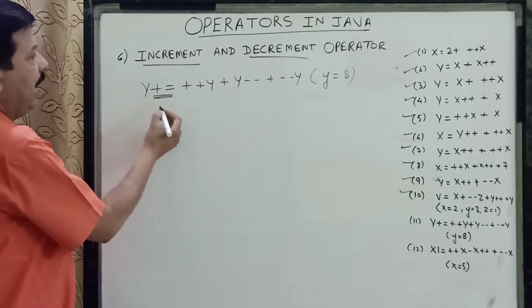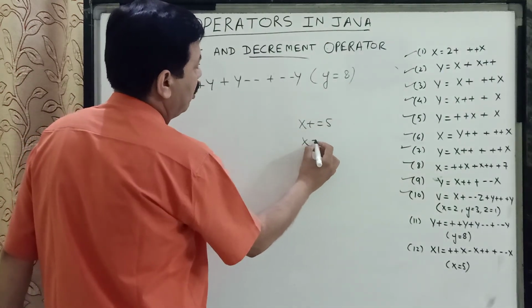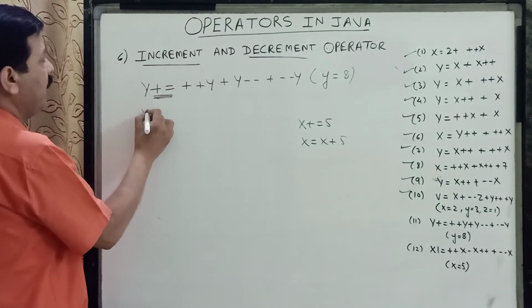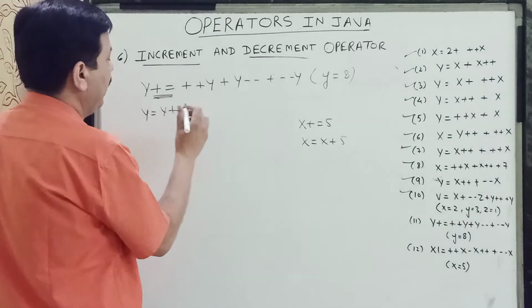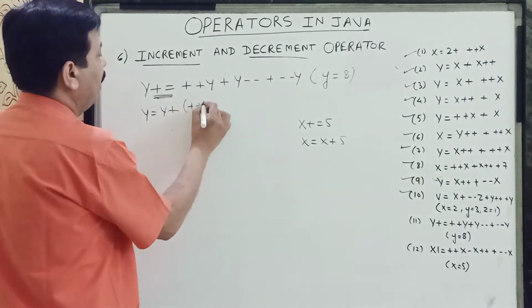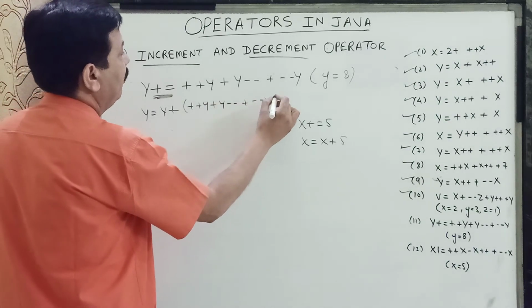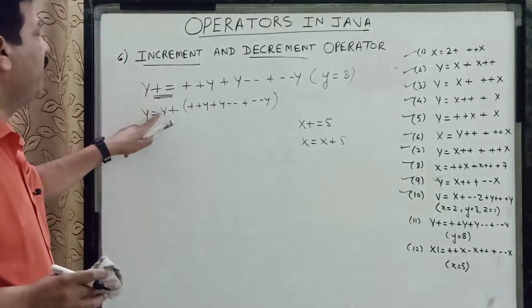As I have told you, x plus equals to 5 we write as x is equal to x plus 5. In this context, this means y is equal to y plus the complete expression, that is plus y minus plus minus y.